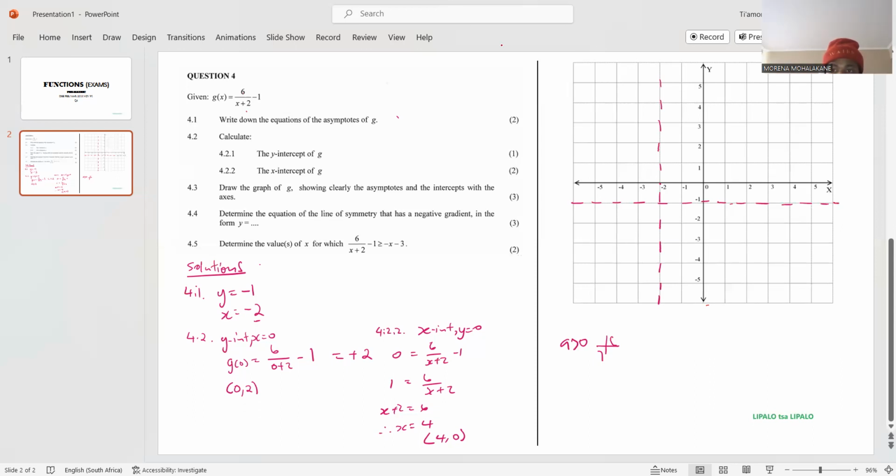And then followed by the intercepts. I know the intercepts are (4, 0) and (0, 2). Then this one comes to the side. And this is g. You showed intercepts clearly and the function.